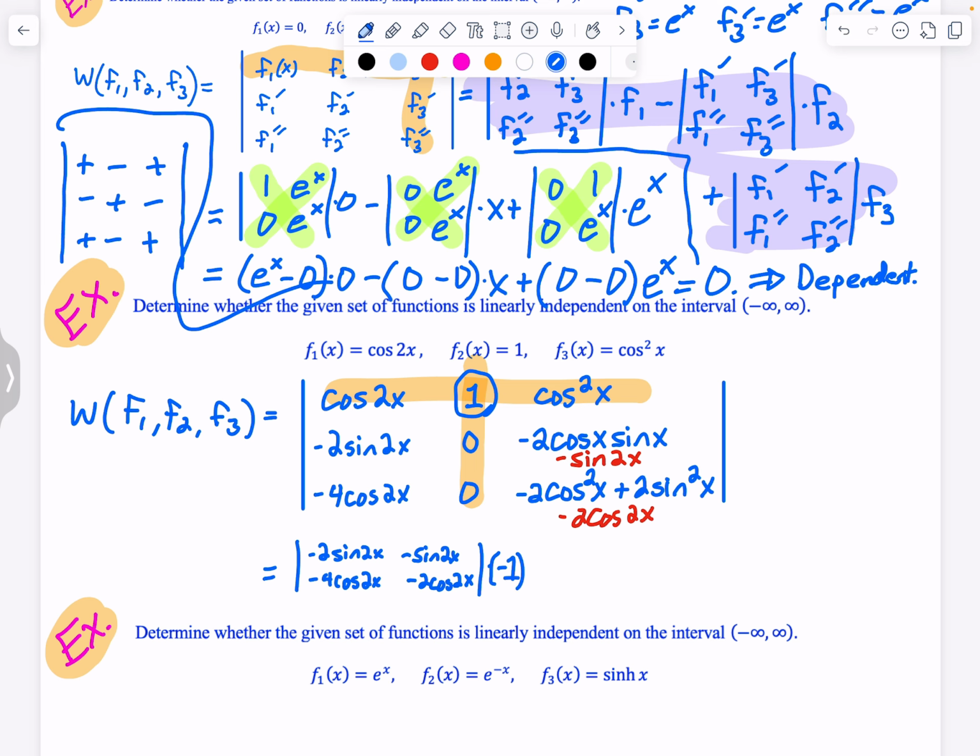All right. The next one, I'm going to erase that. I take the row and move it down so I can use these zeros. So now I know I'm going to use the inside there: cosine 2x, cosine squared x, -4 cosine 2x, -2 cosine 2x.